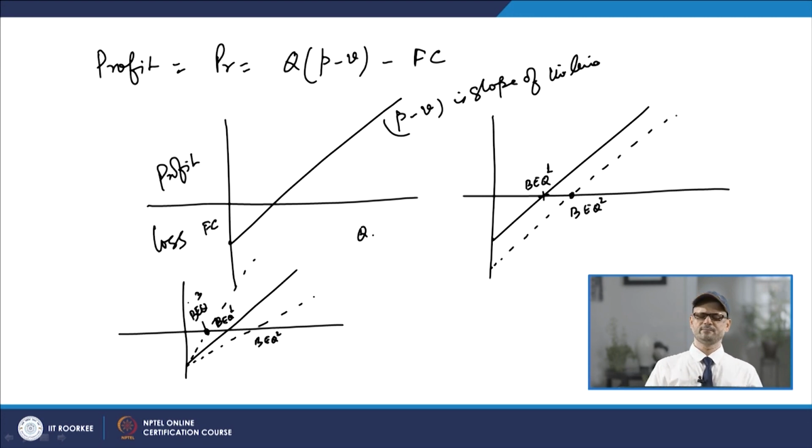So, this is the effect of parameters like fixed cost or the marginal contribution on the quantity produced to reach a break even stage where there is no profit and no loss.